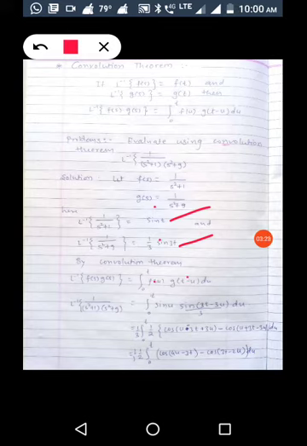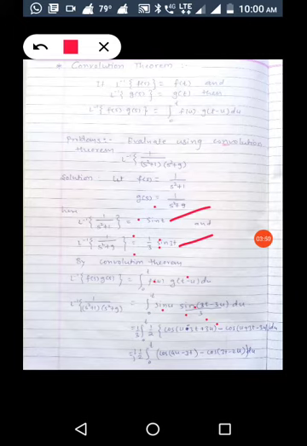So instead of f of u, I would like to write sin u here, and instead of sin 3t, I would like to write sin 3t minus 3u divided by 3. So it is 1 by 3, and sin 3t with t replaced by t minus u becomes 3t minus 3u.